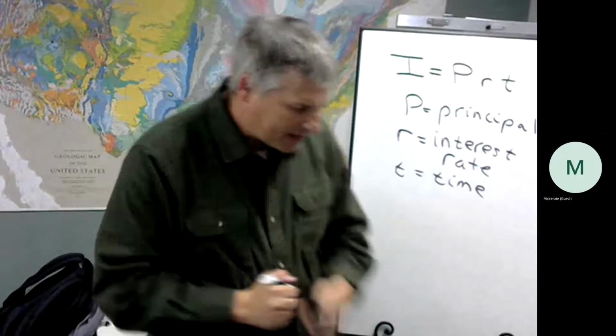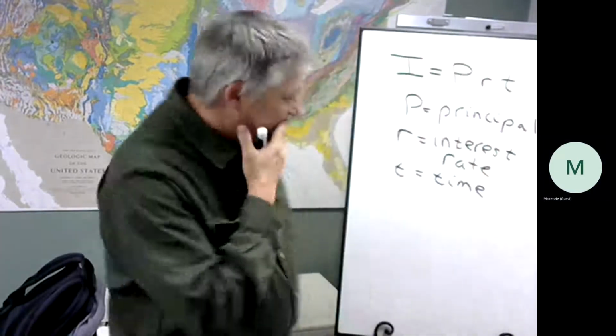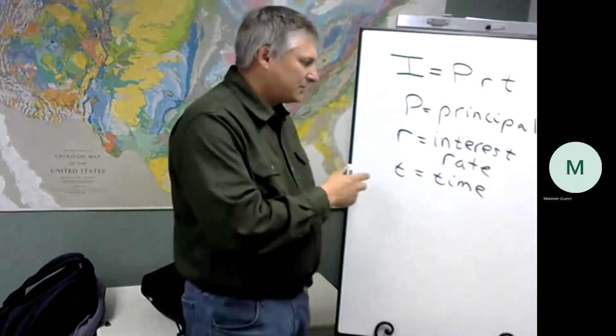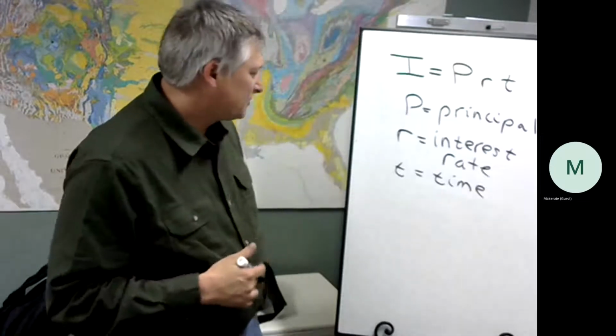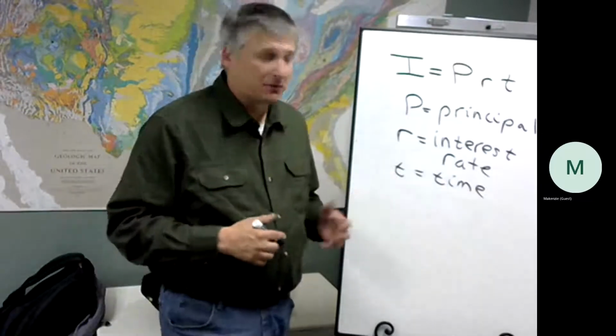Now, for these types of problems, for the most part, you're going to get an interest rate that's annual. That means it's charged per year, and so time is going to be measured in years.